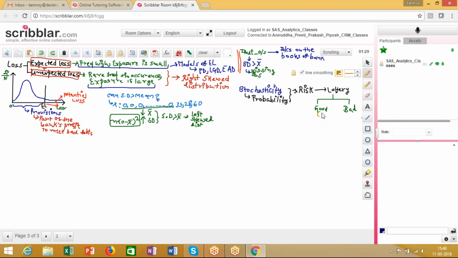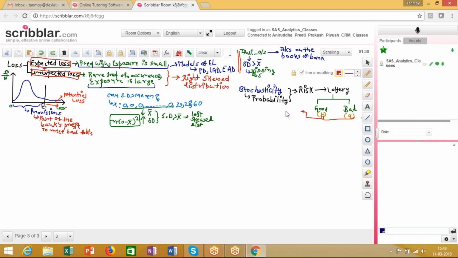So obviously there would be a probability P of success and there would be a probability Q of failure, and it is this chance which is modeled or represented using probability.